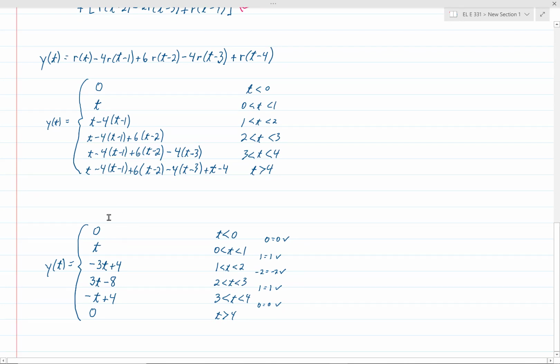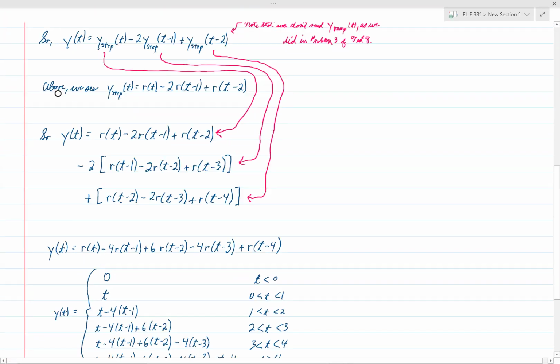We very, very frequently will expect, when we solve a problem like this, to have continuity between the different regions. The only case where that will not happen is if the impulse response of the system goes to infinity somewhere, or the input to the system goes to infinity somewhere.